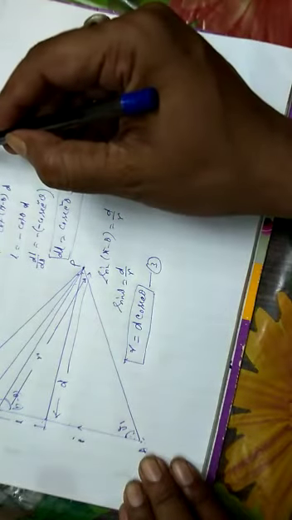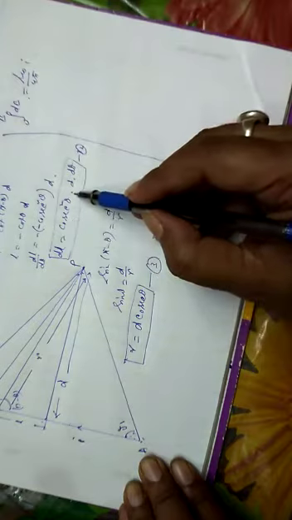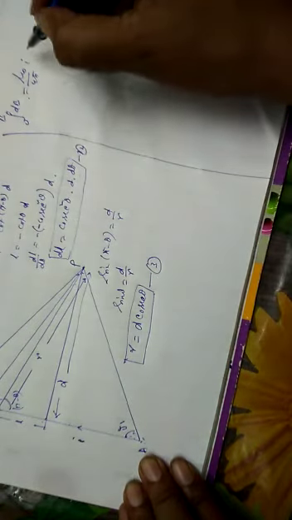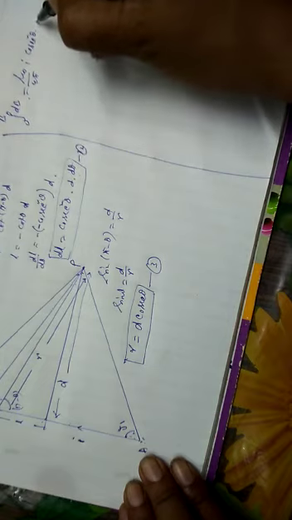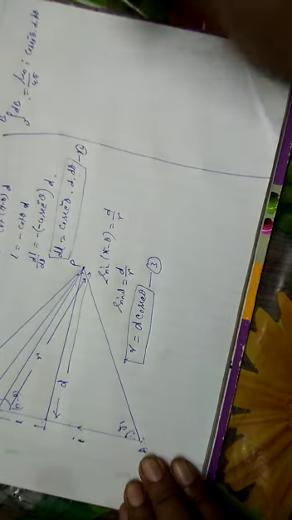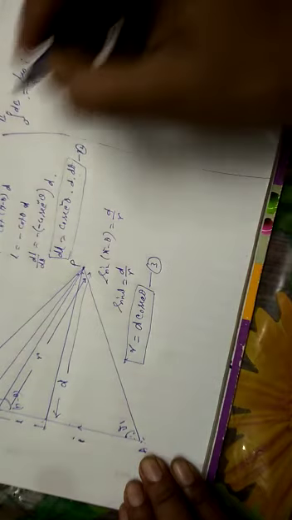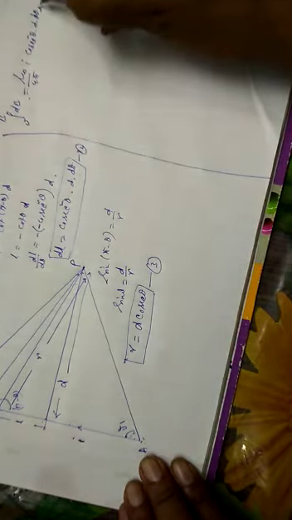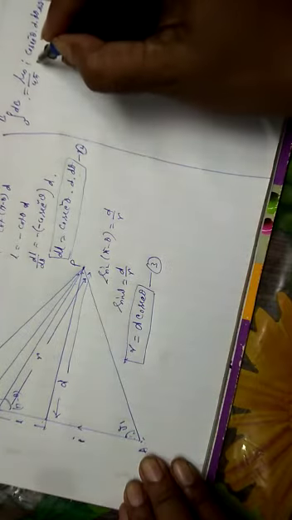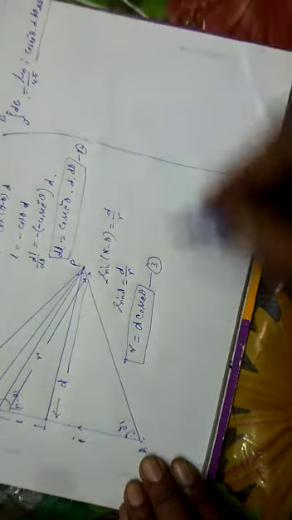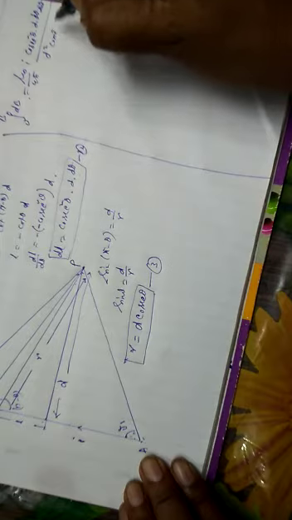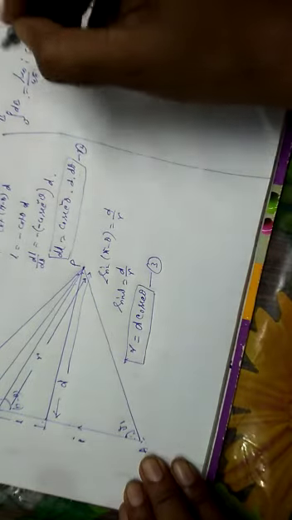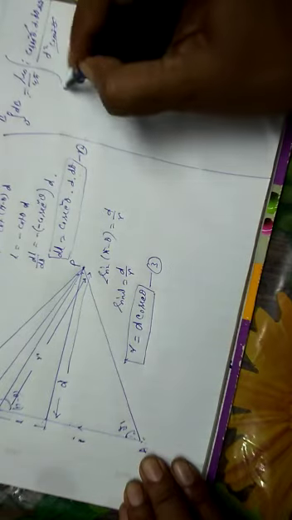And for del L we can write cosec square theta into d theta, and also sin theta is there, divided by r square. And r square is d square cosec square theta. Cosec square gets cancelled. Clear? And your limit is theta 1 to theta 2.